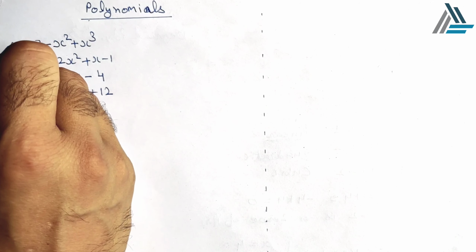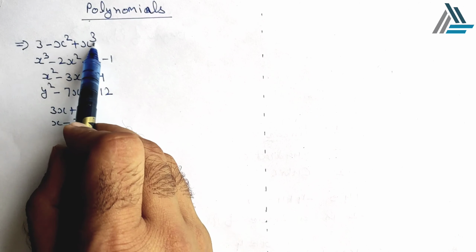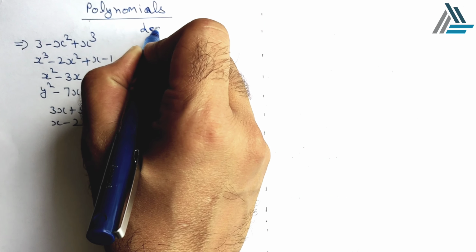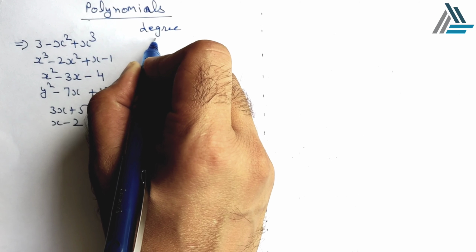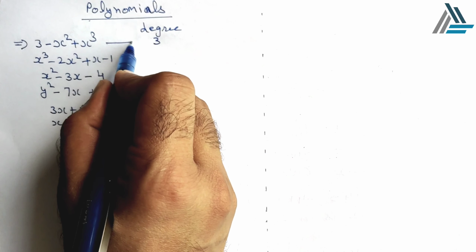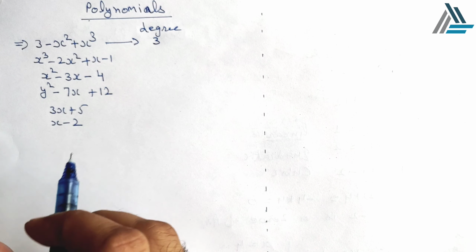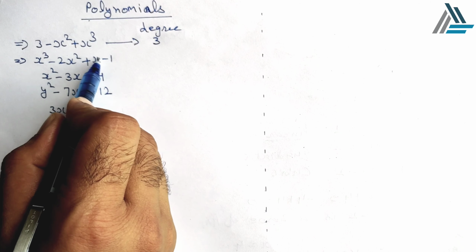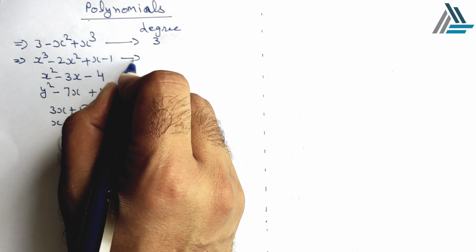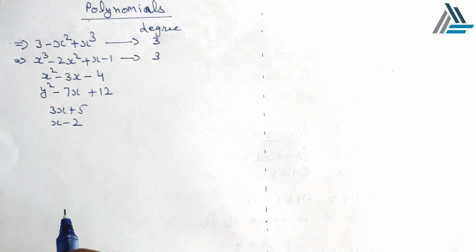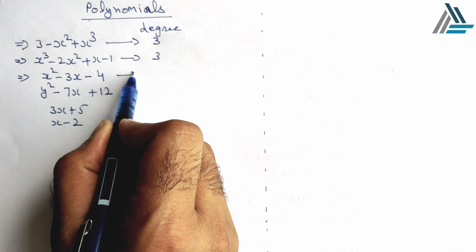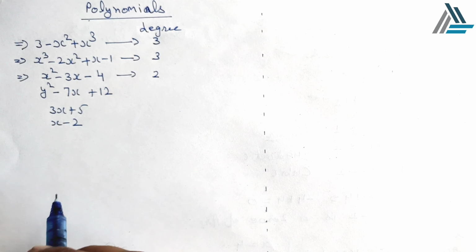In the first polynomial, the highest power of x is 3, so the degree is 3. Similarly, in the second polynomial, the highest power is 3, again the degree is 3. In the third polynomial, the highest power is 2, so the degree is 2.